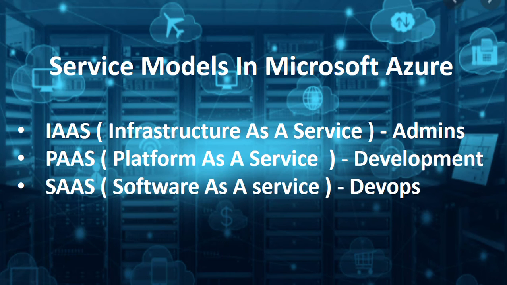And coming to SaaS, software as a service, you don't need to have any infrastructure level access. You don't need to have any platform access, right? It is just software which is already implemented by Microsoft, and you can just browse that application and use it in your organization.